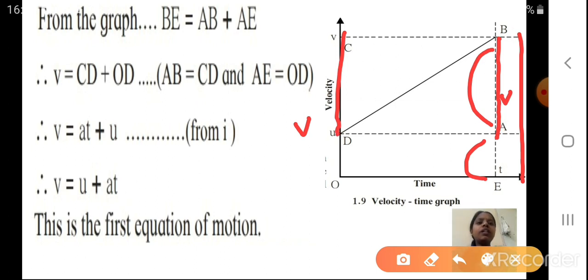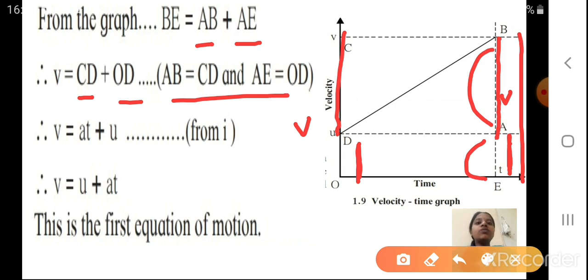Yes, they are equal. So instead of BA or AB, I have written CD. And instead of AE, this smaller part, can I write OD? Yes, so instead of AE I have written OD, because they are equal.